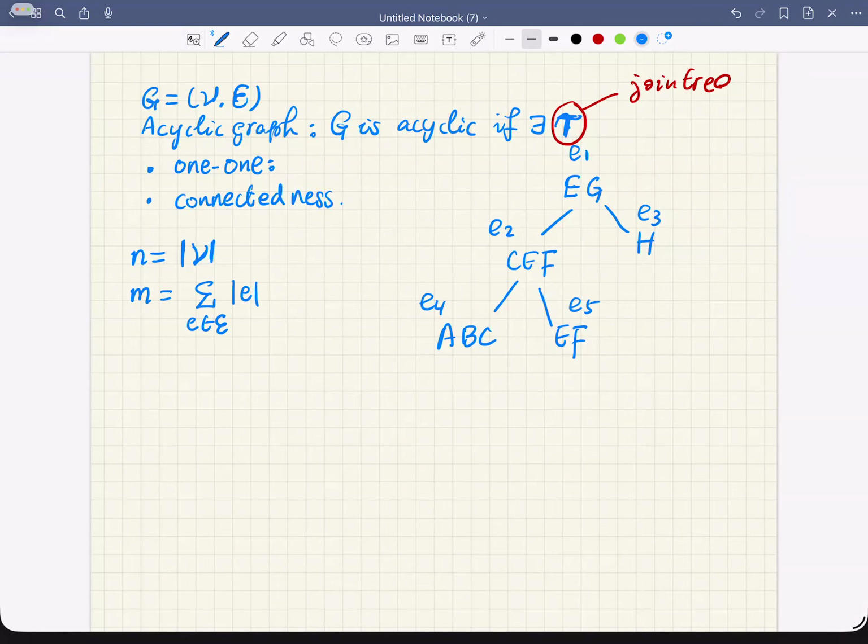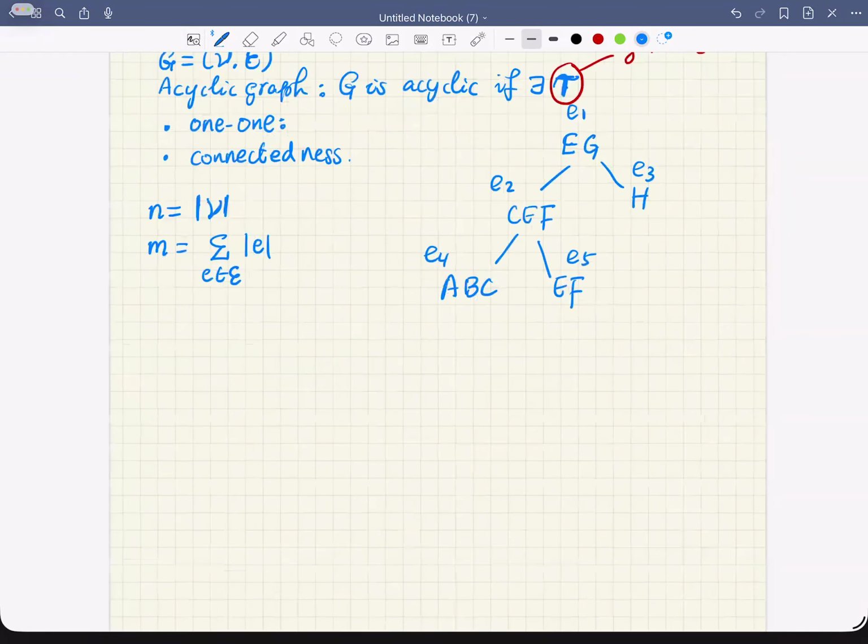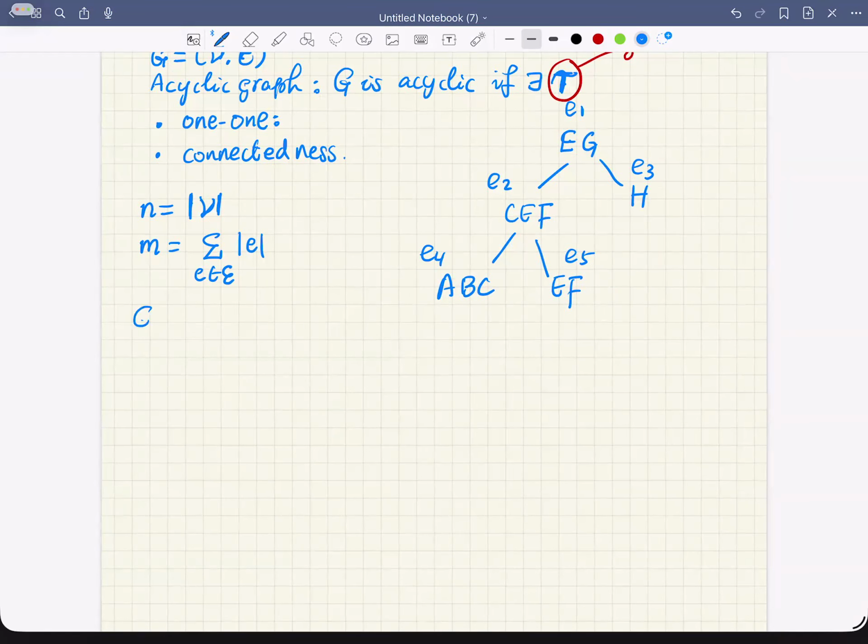As a side product, you will also be able to construct a join tree for a graph that is acyclic. So the algorithm that we're going to learn is named GYO. In fact, G is one person and YO are another two people.